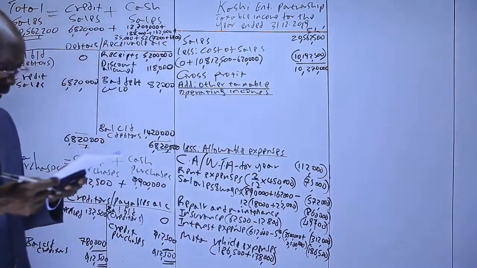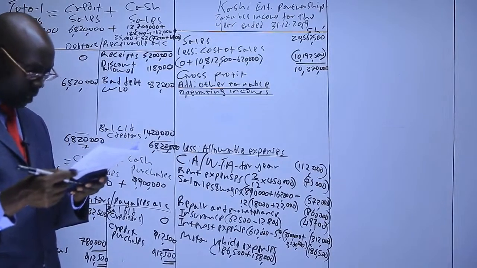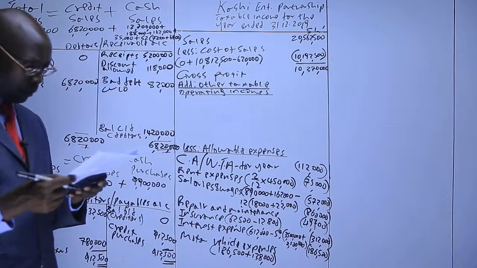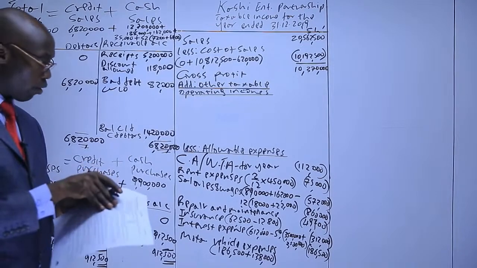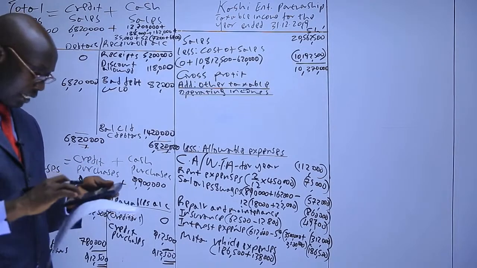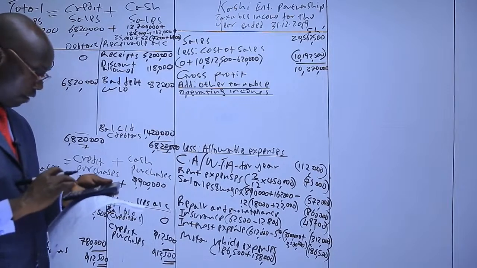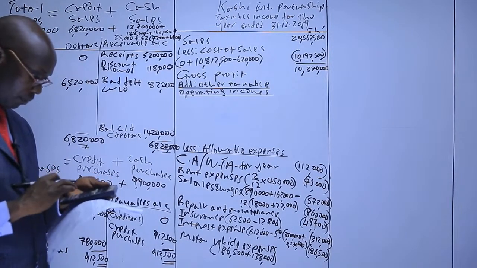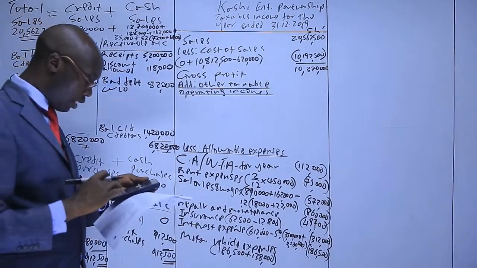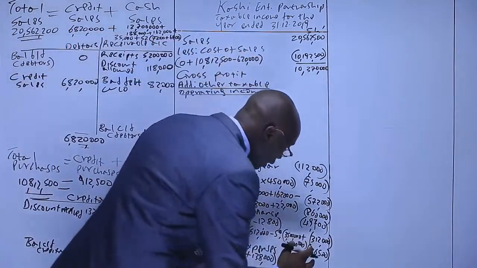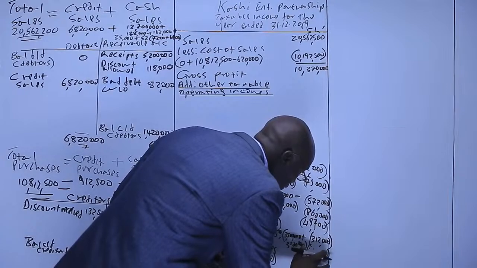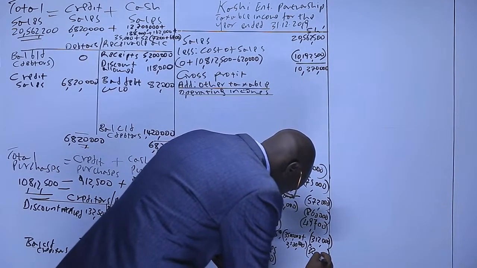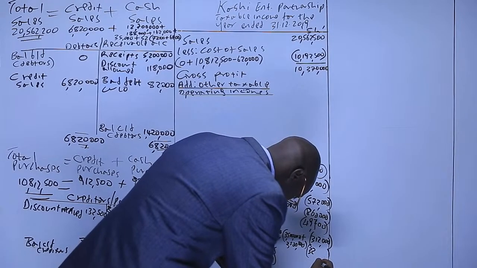We check if it is mentioned somewhere else, but the motor vehicle is not mentioned anywhere else. So that means that we do the computation. 186,500 plus 138,000, which we get that 245,100.